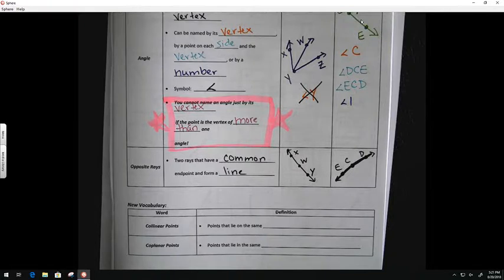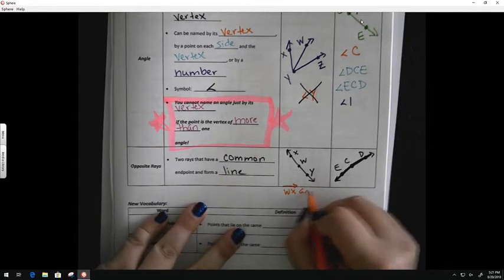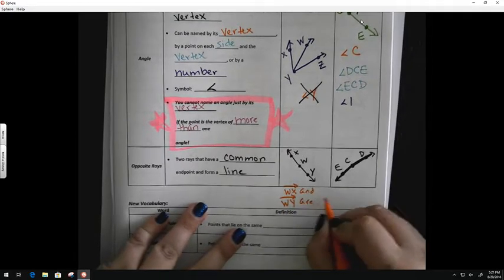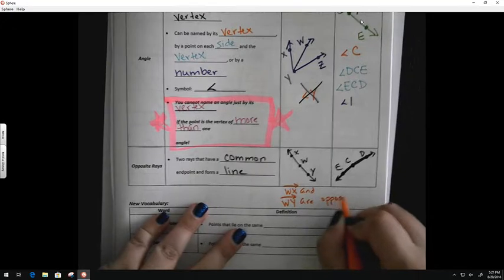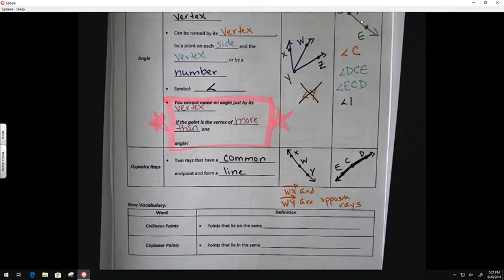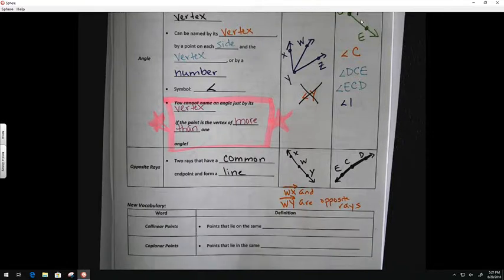Okay, so we can say WX and WY are opposite rays. When we look at that picture, we wouldn't necessarily call them opposite rays right off the bat. We'd probably just call it a line, and that's okay. It just means that built into that line, we have a pair of opposite rays.